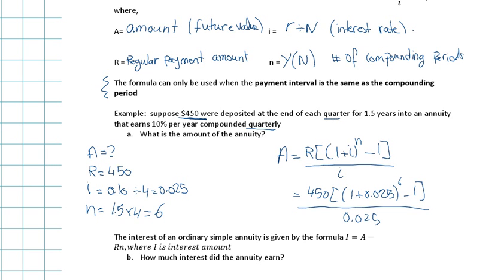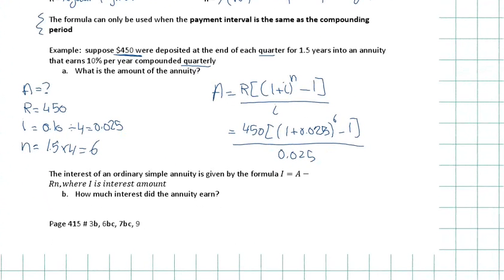Close the bracket after the power of 6. Minus 1. Are you dividing by 0.025?